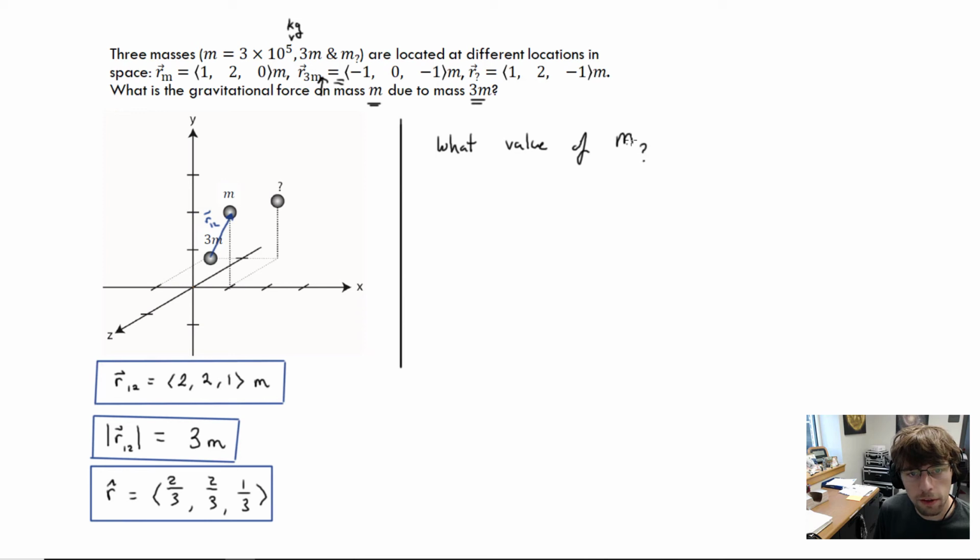So thinking about this unknown mass, what value must that mass have such that Fg net equals 0? So if I think about this m mass, the question I have for you is what value of m question mark such that the net gravitational force on m is 0? So go ahead, take a minute, think about that.